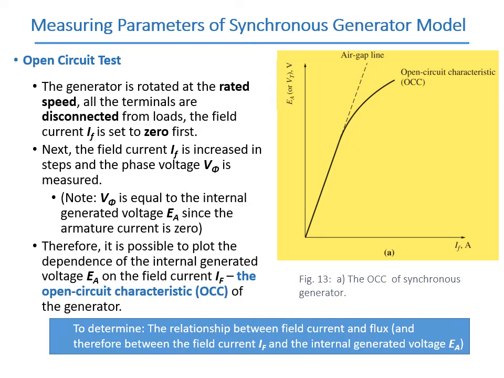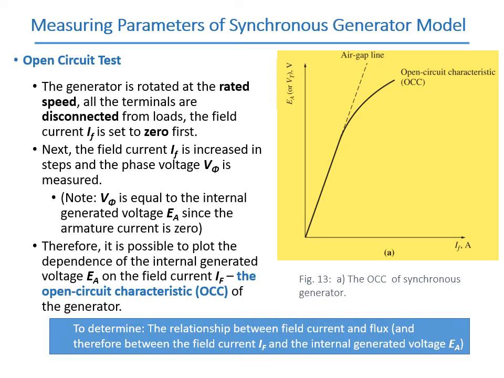In this case, the phase voltage will be equal to the internal generated voltage EA, because no load is connected, and therefore the armature current is 0, and therefore there is no voltage drop across the reactance nor across the resistance. Again, you can look at the equivalent circuit to see what it means. Therefore we will have a set of values of IF and EA, and these sets of values will allow us to create the plot as shown here.